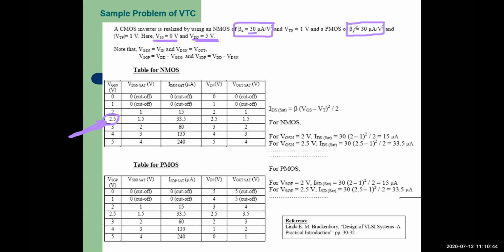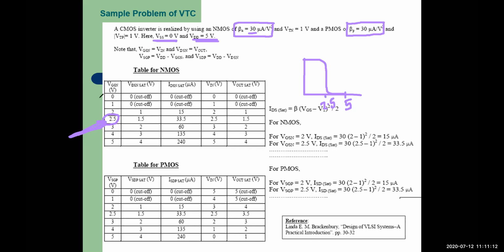So beta P and beta N are equal, right? If they are equal, we know our graph will go through the middle. If it is 5 volt, it is 2.5. So we want to see the response at 2.5. That's why we included one extra point, 2.5. Your wish. If you do not want to include this, you do not have to.